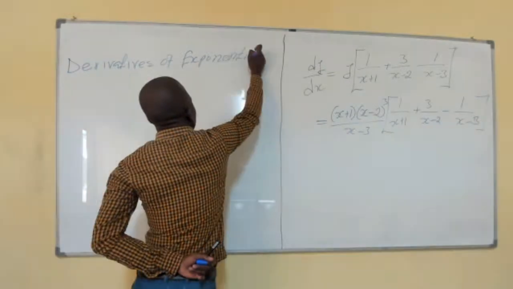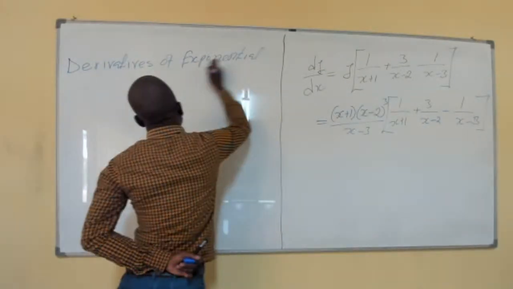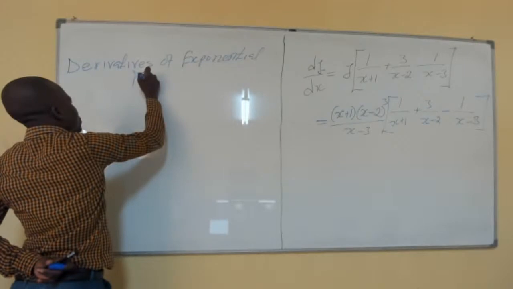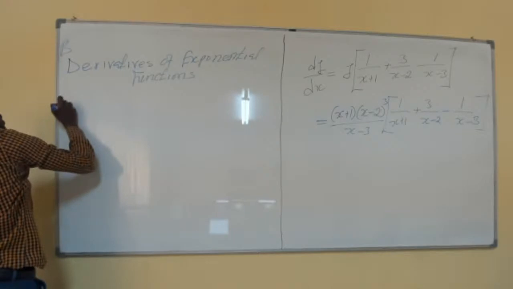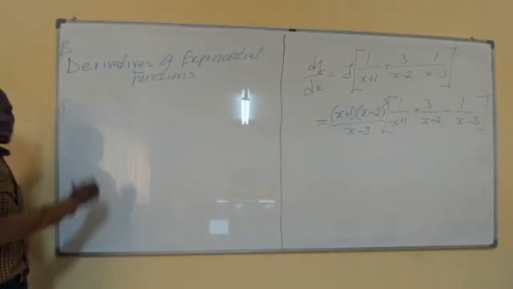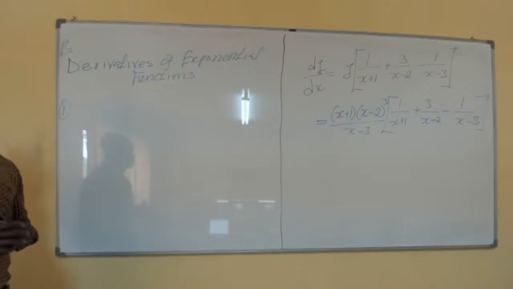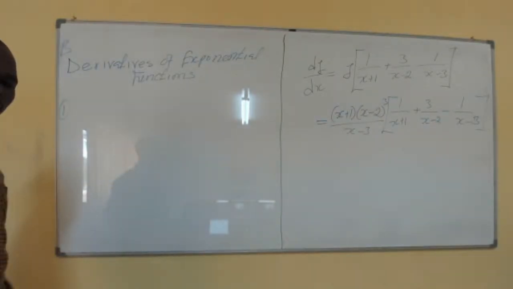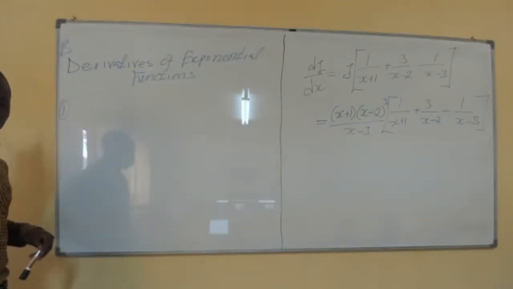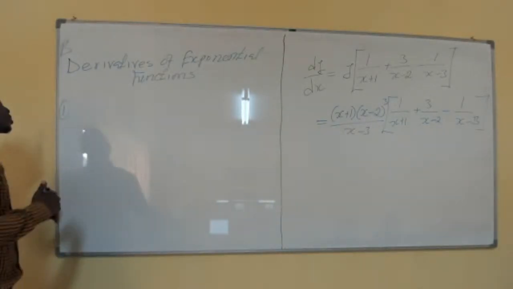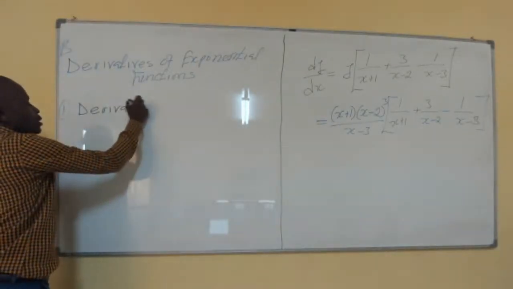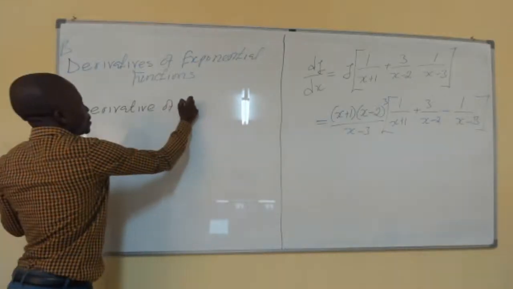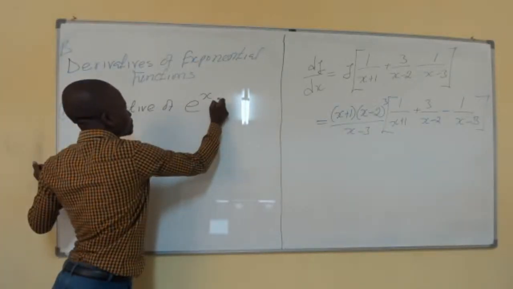This is part B. Now under part 1, we are first going to start by looking at the derivative of e to the power x.